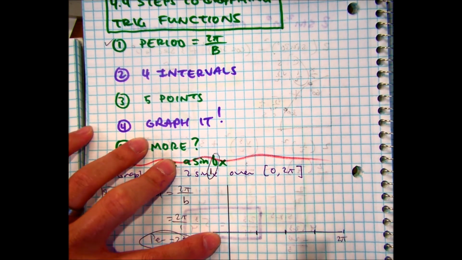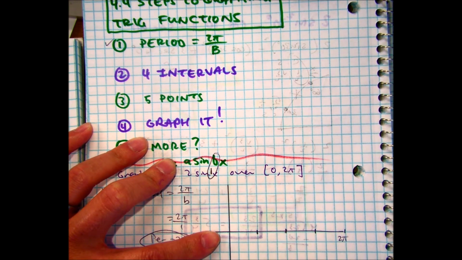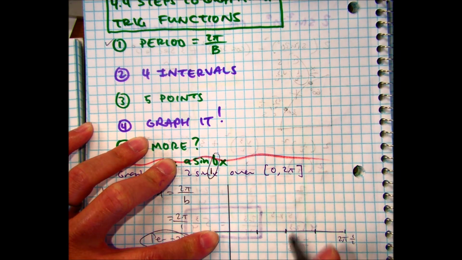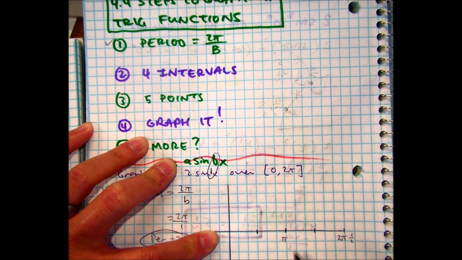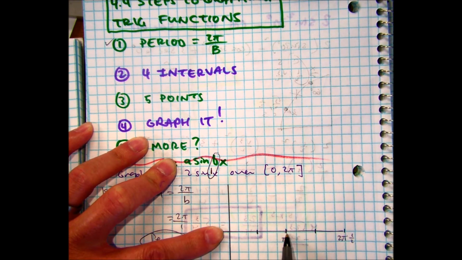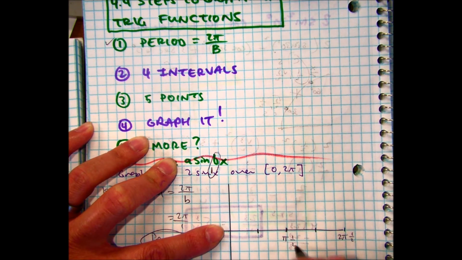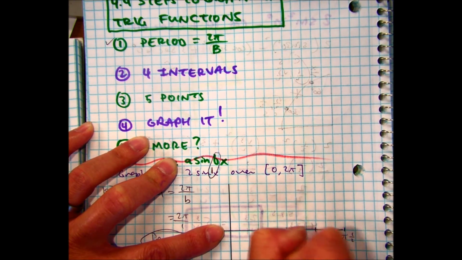If you think about it, I just need to find half of 2 pi. That becomes what, class? Pay attention. I need to find half, or a midpoint, from pi to 0. That's just going to be pi over 2.